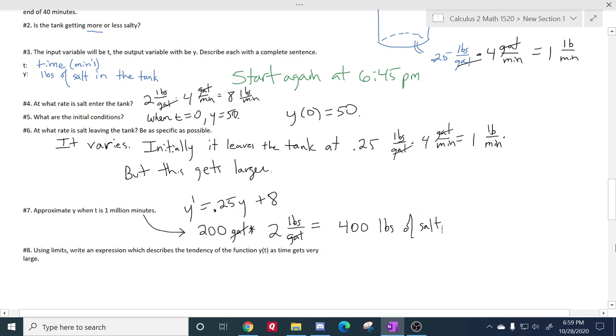All right, so group 3, what do you have for this? I think that you could maybe say it's the limit as t goes to infinity of 400 plus almost any fraction where t is in the denominator.